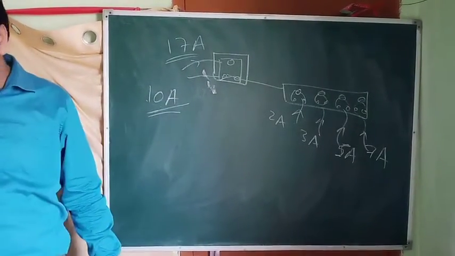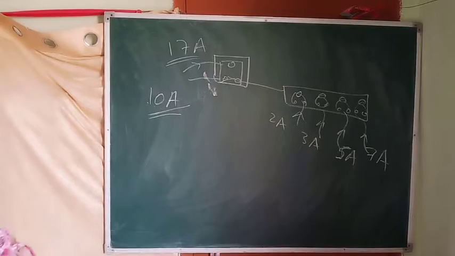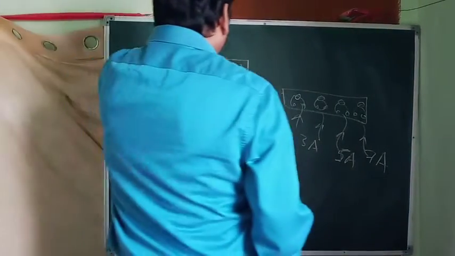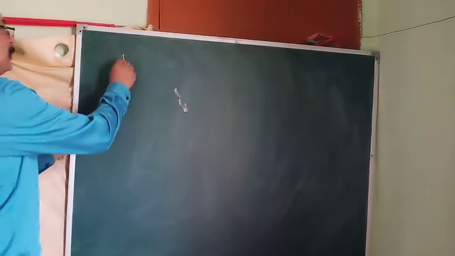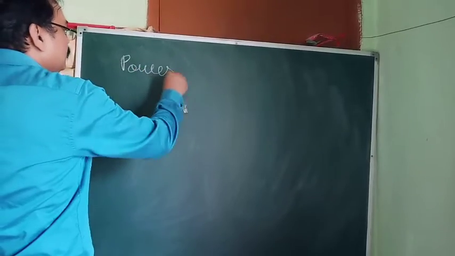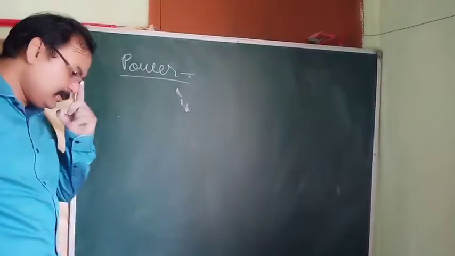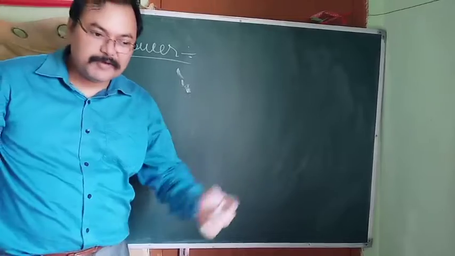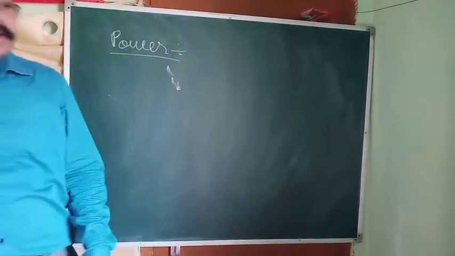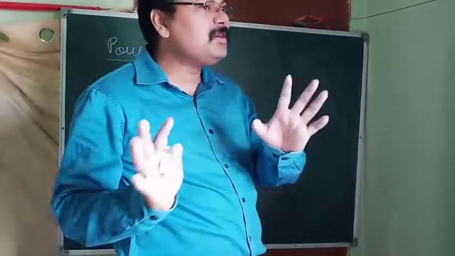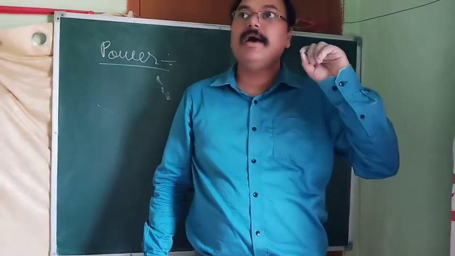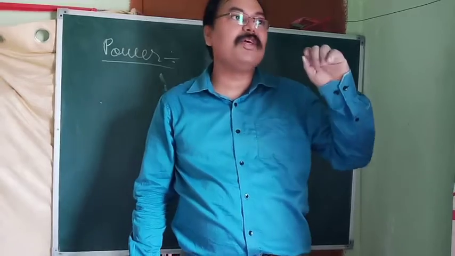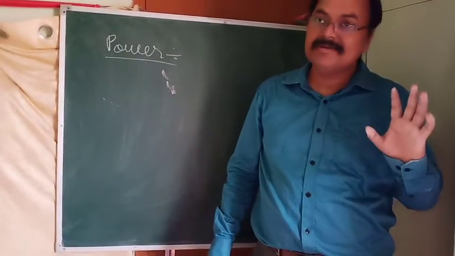Now the next topic is power. Now what is power? We have defined power in class 9th also, and here also we are going to define it. So what is power? See, power, start writing the definition first. The rate of doing work or consumption of energy is called power.